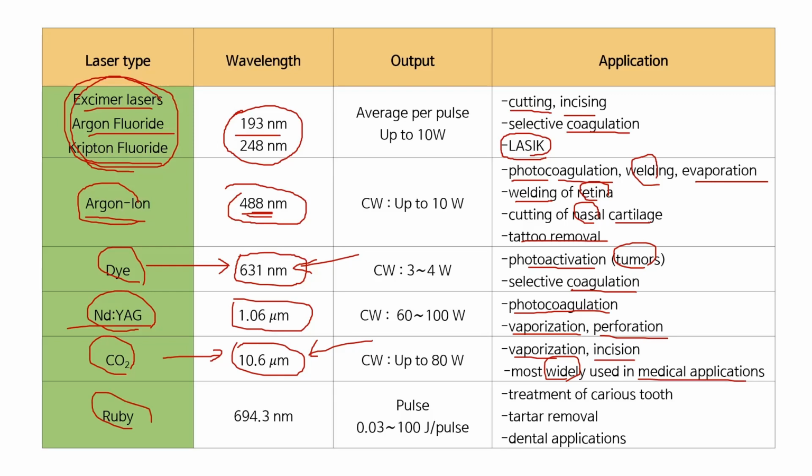Ruby laser, its wavelength is red color, 694.3 nanometers, and this ruby laser is used for the treatment of carious teeth and tartar removal, and is widely used for dental applications.